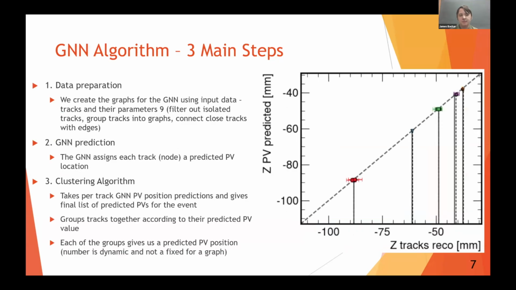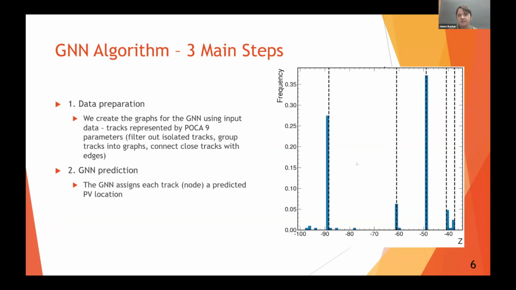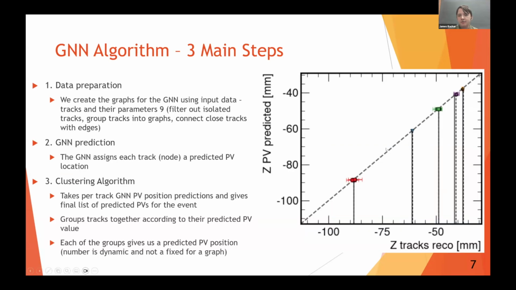This is done by a clustering algorithm, which takes all of this track data over here and groups the tracks into these groups on the right. Each color is one group, and these groups are tracks that likely share the same PV. We assign a predicted PV value for each group, so the prediction is not per graph. You can have multiple predicted PVs per graph, so it's dynamically generated depending on what the GNN determines the likely positions are.